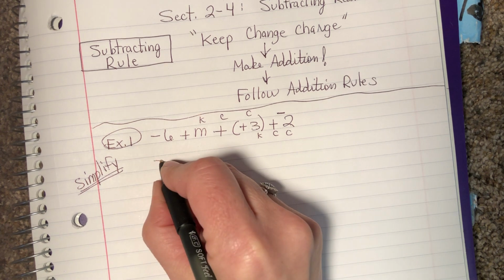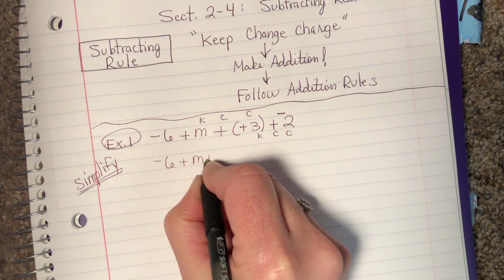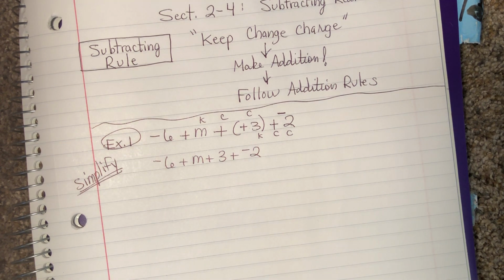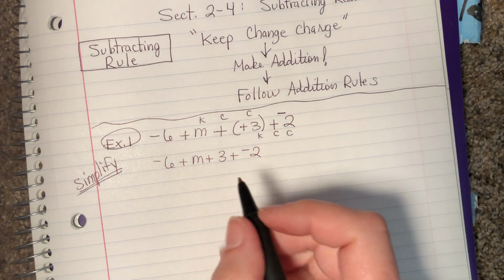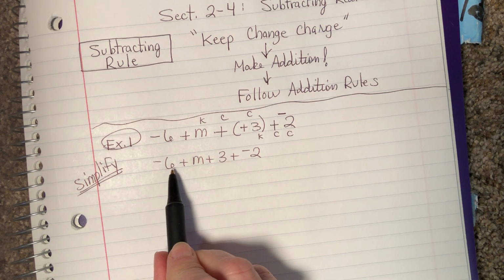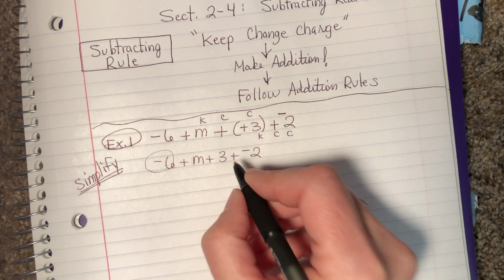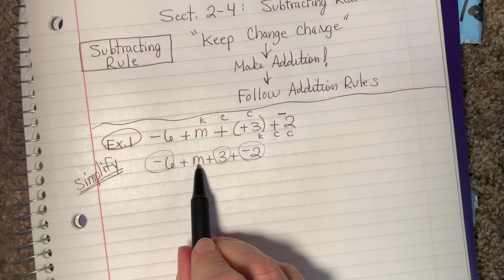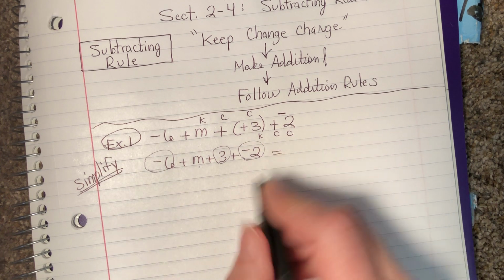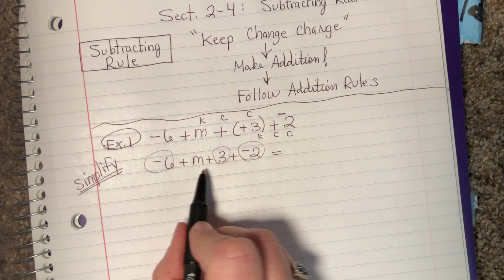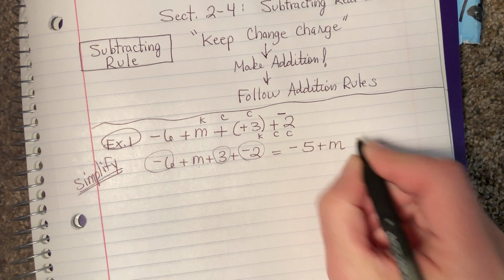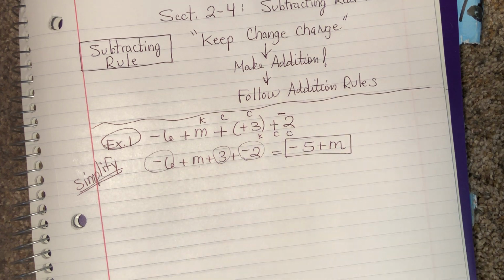So what I have is -6 plus m plus 3 plus -2. And if it's all addition, it doesn't matter what order you add them in, because PEMDAS doesn't really apply since it's only one operation. You do, though, have to consider like terms. So the numbers will add to each other, and the m would only add with another m. So in this case, -6 plus 3 is -3, plus -2 is -5 plus m, and those cannot add to each other. So that would be the end.